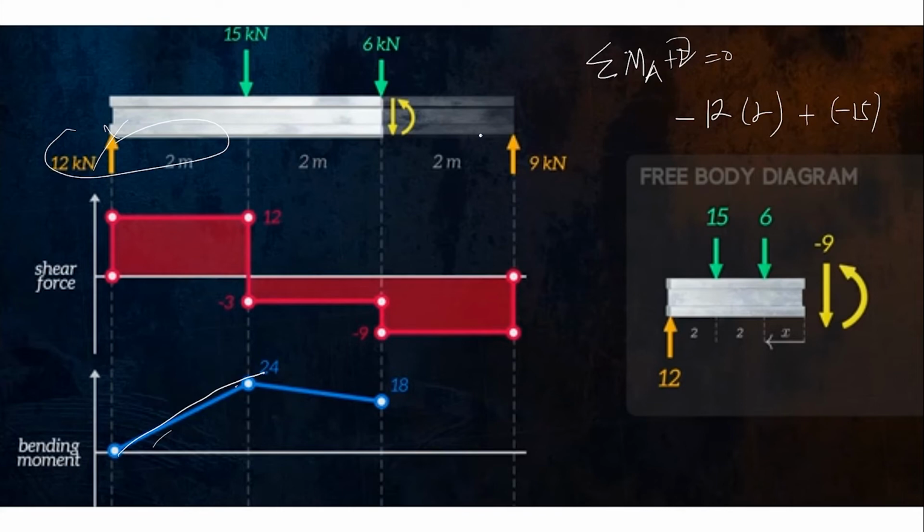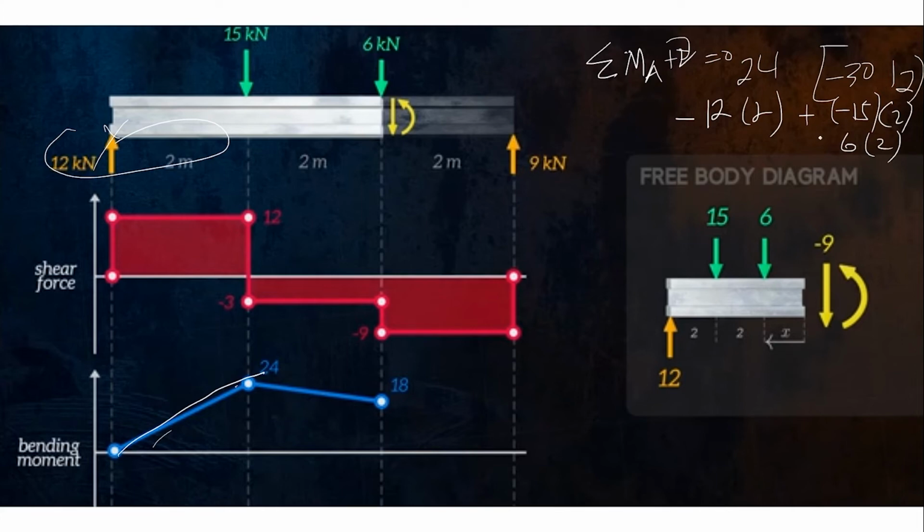Negative 15. 15 times 2, then 6 times 2. 12 times 2 is 24, then 15 times 2 is negative 30, then this is 12.